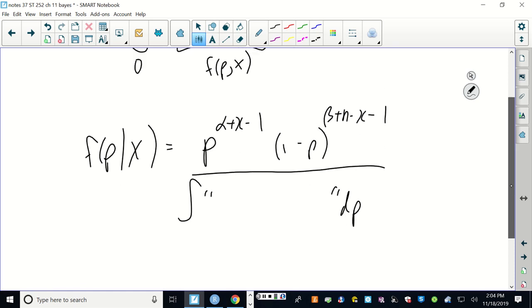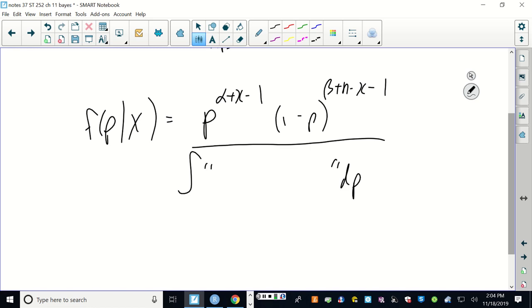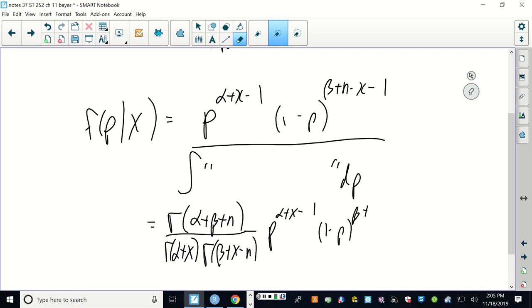Going through the math like you would in a probability class, this ends up being gamma of alpha plus beta plus n, gamma of alpha plus x, gamma of beta plus n minus x, and then p to the alpha plus x minus 1, 1 minus p to the beta plus n minus x minus 1. That same thing.